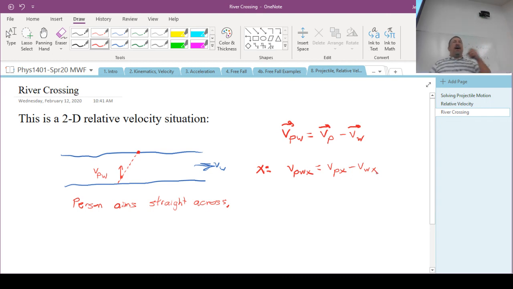Now we can think about values that might go in here. As drawn, this is 0, and let's give a number to the v water, 3.